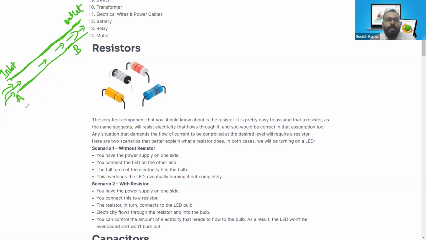The only burden here is the resistance, or we can call it the friction. I'm using the technical term to help you understand the concept. In this scenario, what we have is frictional loss.